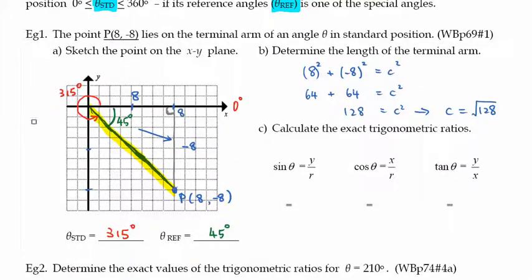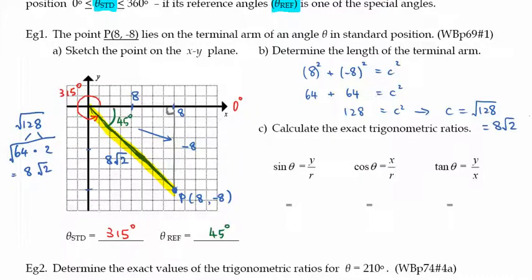Or using the concept we just did, knowing how this 128 came from 64 plus 64, or technically 64 times 2, taking the square root of this number means the same thing as taking the square root of this times that, giving us 8 times root 2. So this would be the length of your terminal arm.